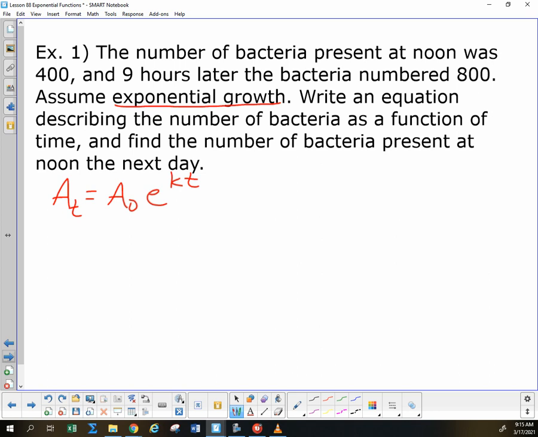We're predicting k is going to be something positive since they tell us that it is exponential growth. But we're going to now plug in what we know from the first sentence there. The amount present at noon was 400. That is our starting time.